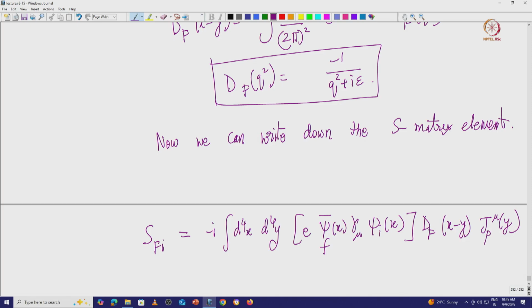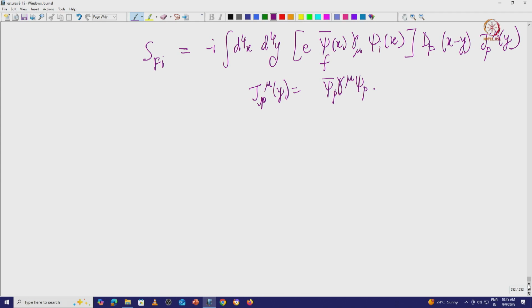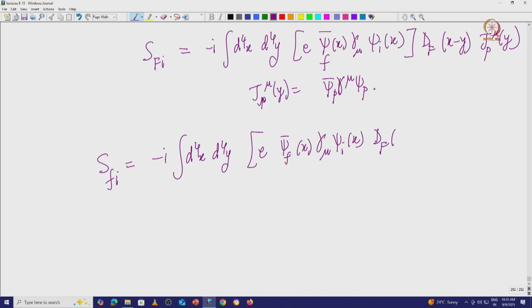Let me call it j mu p, because this is the potential generated by the photon field, where j p mu of y is psi bar p of y gamma mu psi p of y. So S_fi is minus I integral d power 4x d power 4y psi f bar of x gamma mu psi i of x D_F of x minus y psi bar p of y gamma mu psi p of y.